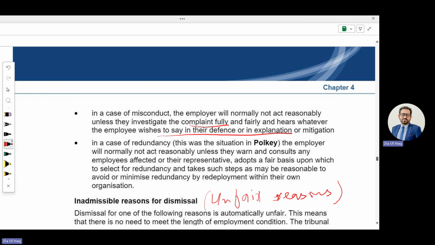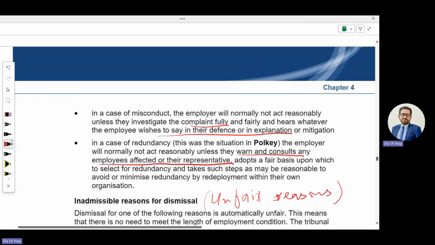In case of redundancy, meaning dismissing employees for business survival, for example when you are going to shut down one of the branches, the employer will normally not act reasonably unless they warn and consult any employees affected or their representatives.